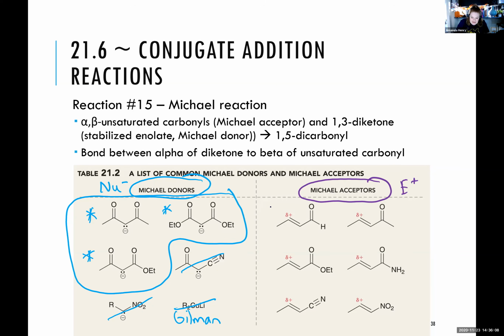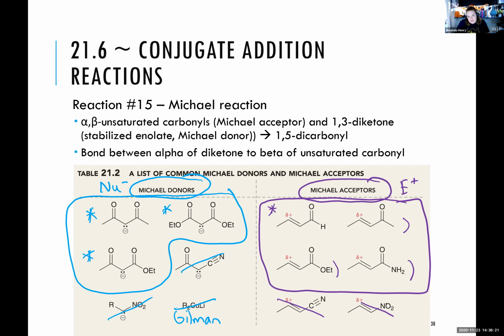So we looked at alpha beta unsaturated aldehydes, but there's also ketones, esters, amides. Those are the 4 that you need to know. We also have cyanos and nitros. You won't see those on the test. They're getting a little bit outside of the pattern. So those would be the 4 that we need to know.